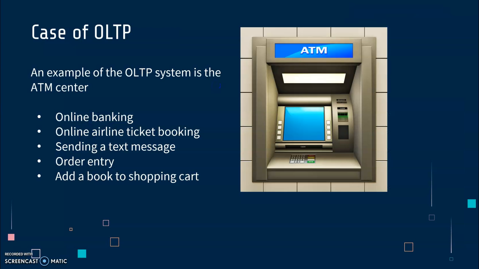So, next, an example of the OLTP system is the ATM center. Assume that a couple has a joint account with a bank. One day, both simultaneously reach different ATM centers at precisely the same time and want to withdraw the total amount present in their bank account.